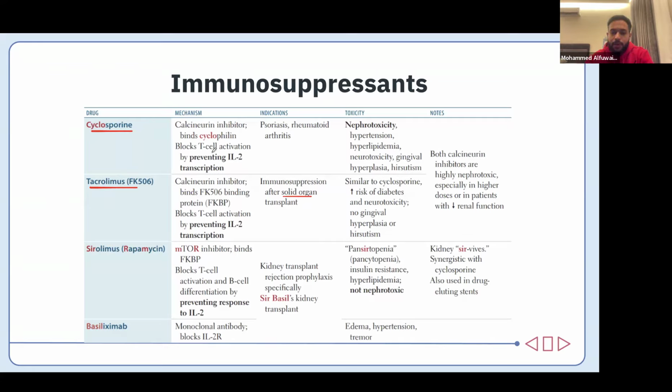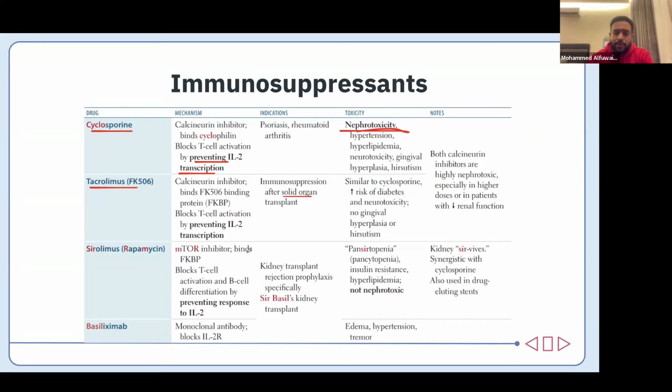Now, cyclosporine is a calcineurin inhibitor which blocks IL-2 transcription. Very important to remember that it's very nephrotoxic, so be careful with other nephrotoxic medications as well, for example aminoglycosides. Be very careful of them.